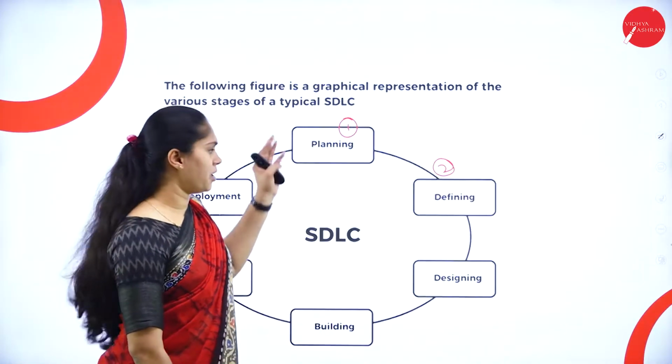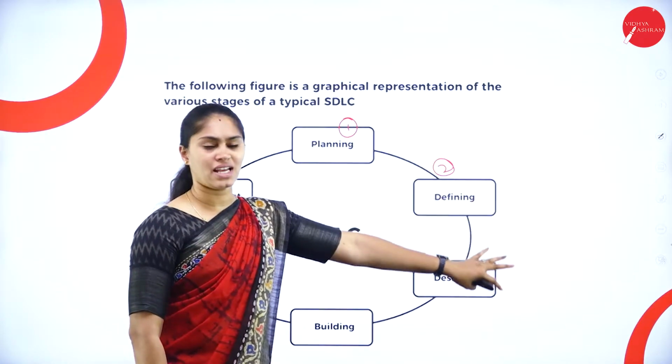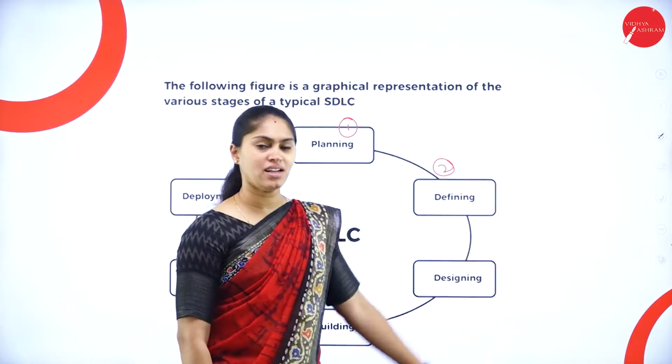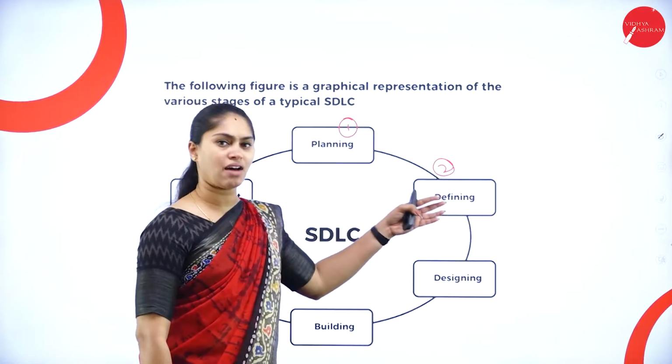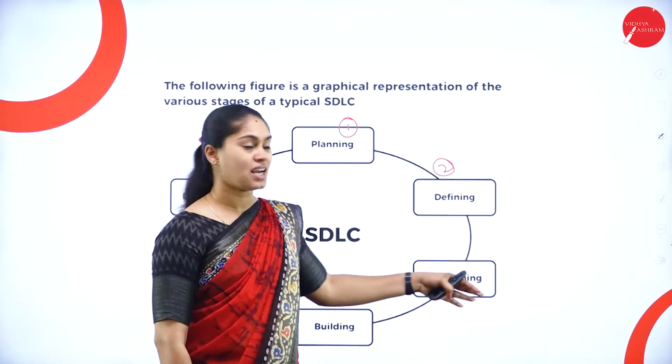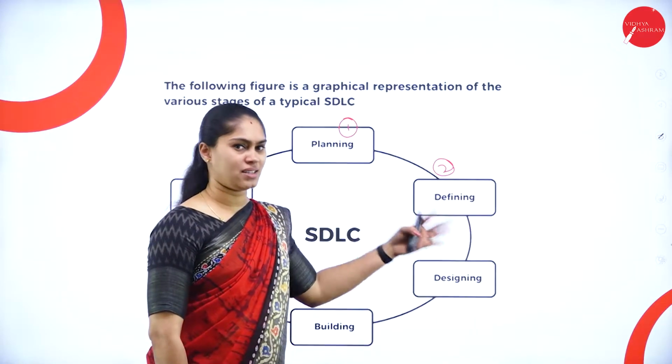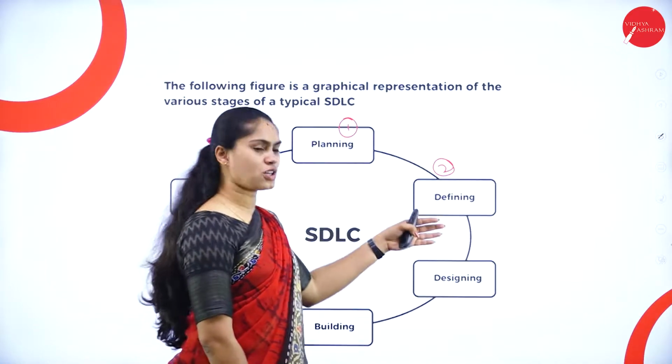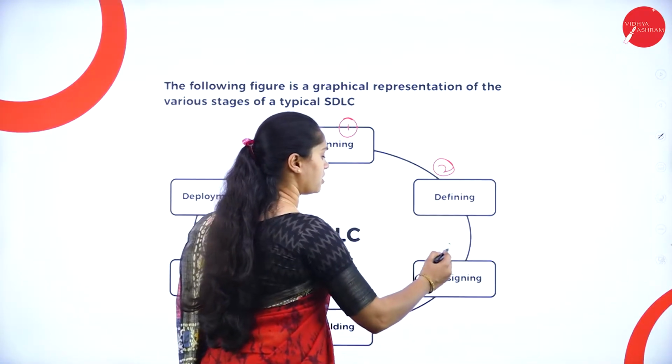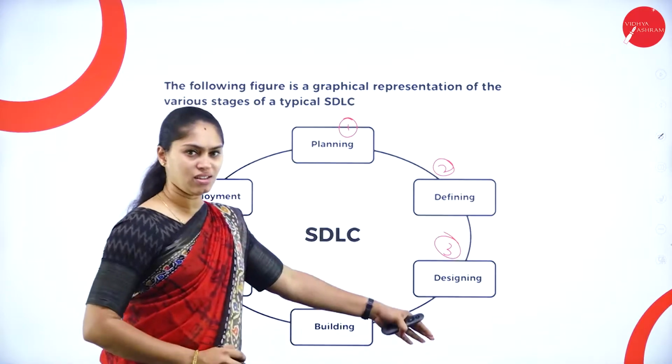In the defining stage, we will have an SRS, a system requirement specification. There we can have functional and non-functional requirements, and it's a contract between the development team and the customer. Once it is analyzed and documented, it is given to the designing part.